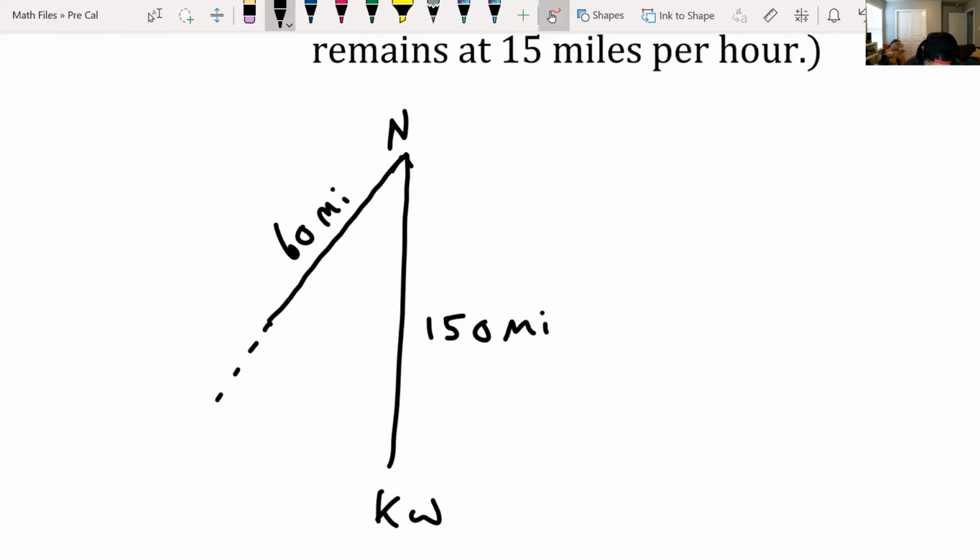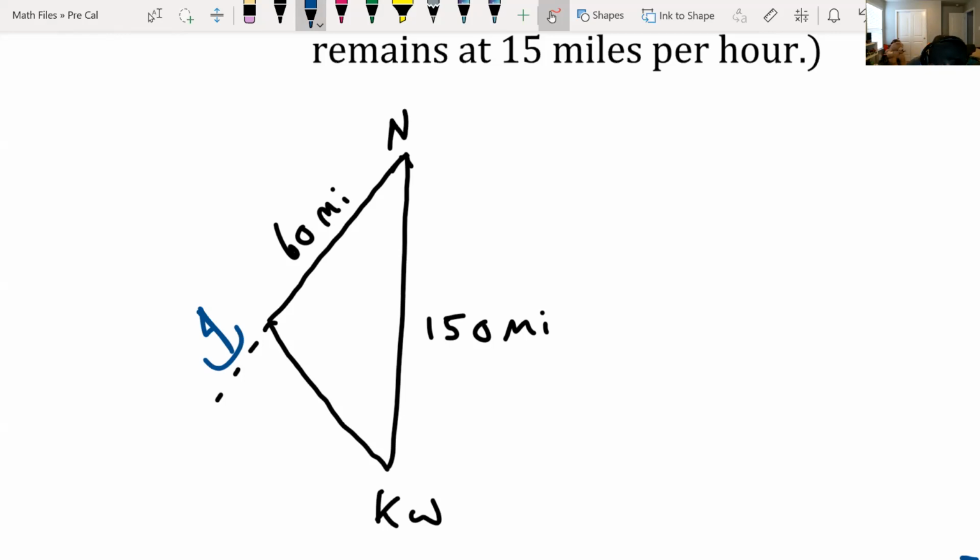So we need to get back here. Okay. So here's my boat. We're going the wrong way, right? We're going away from Key West, and we found that we're off course by 20 degrees.